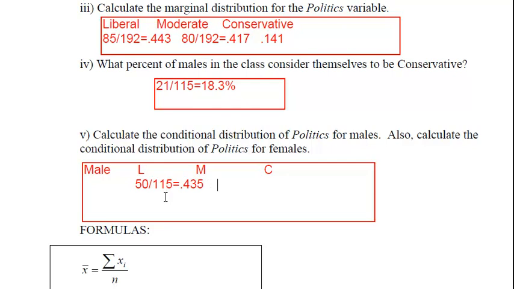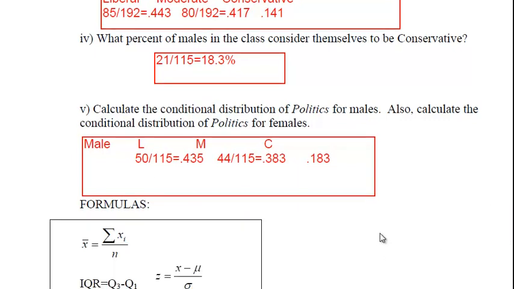And then 44 divided by 115, that's equal to 0.383. And we did the last one above, so 0.183 for the conservatives. Okay, so again, always dividing by the same number. And then we also want to do the same thing for the females. By the way, here's the formula sheet. It's going to be very similar on the exam.